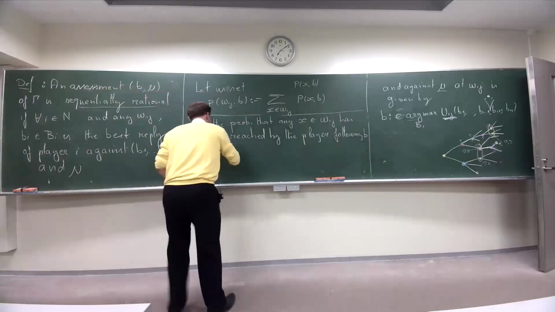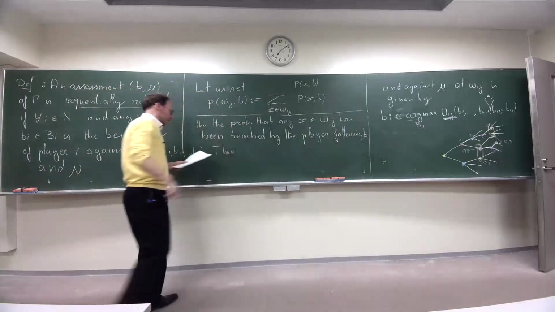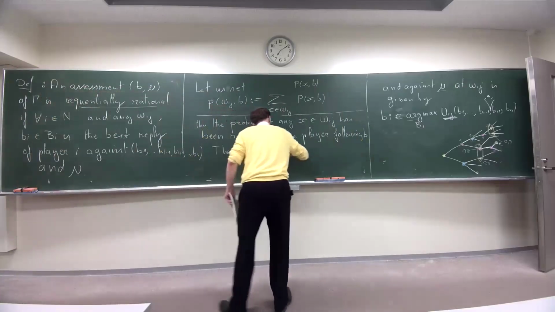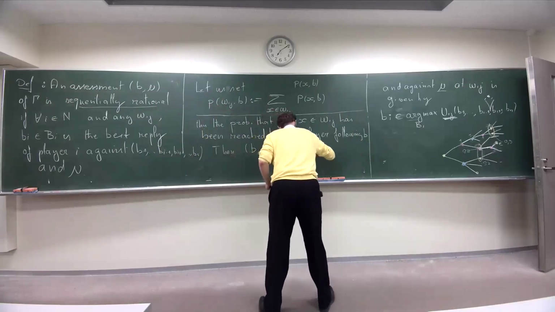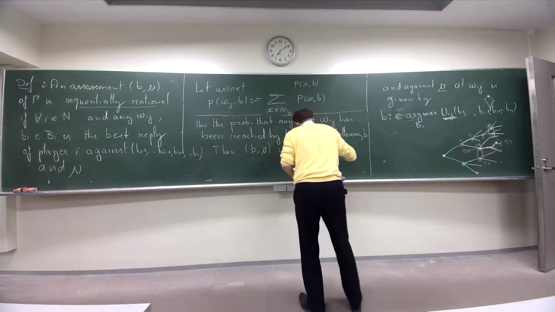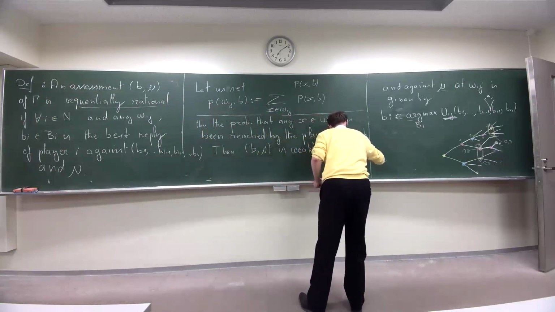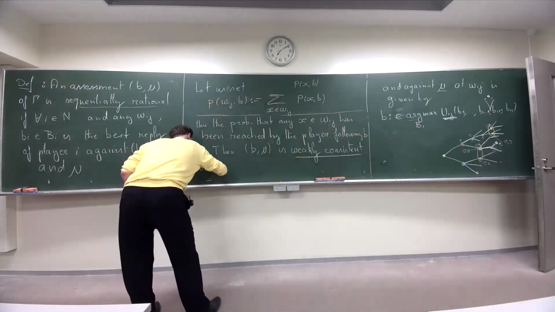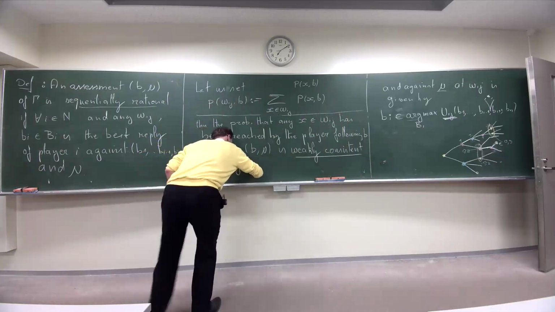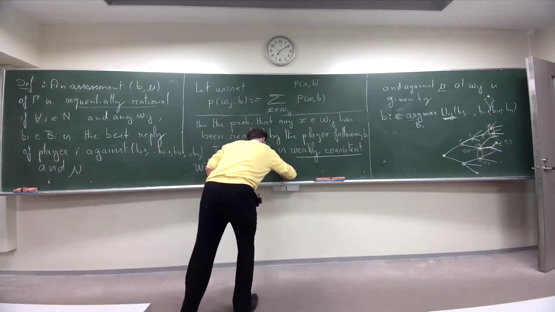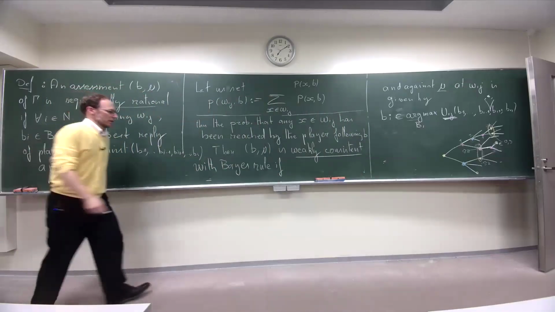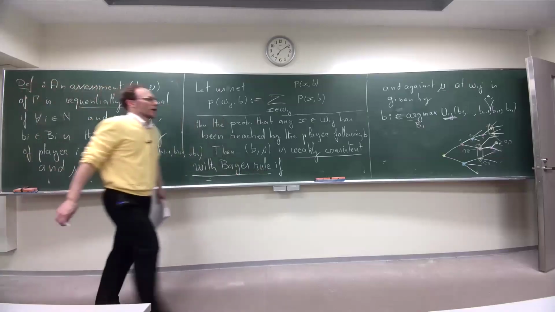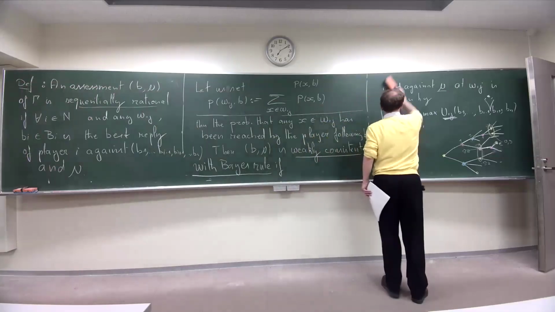And now it's again a quite essential definition. This assessment (mu, B) is weakly consistent. It's a long expression, but it's weakly consistent with Bayes' rule if, and I'm going to tell you what it means, look first at this picture.